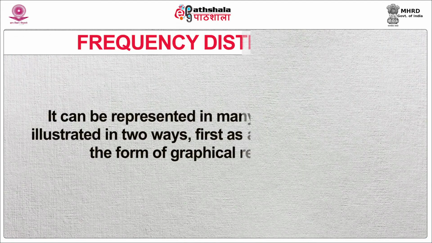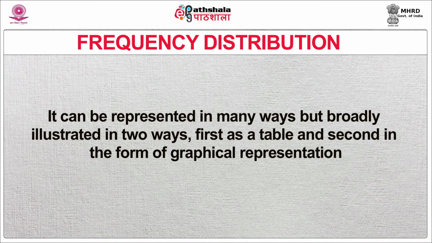Frequency distributions are generally used within a statistical relation. It can be represented in many ways, but broadly illustrated in two ways. First, as a table, and second, in the form of graphical representation. A particular grade that defines the measurement scale originally and a record of frequency in each categorical scale.